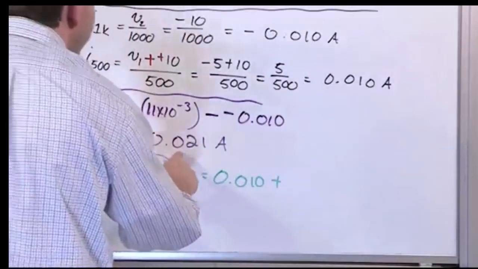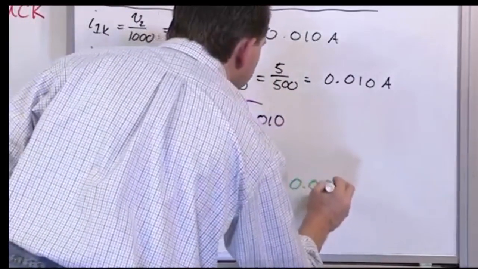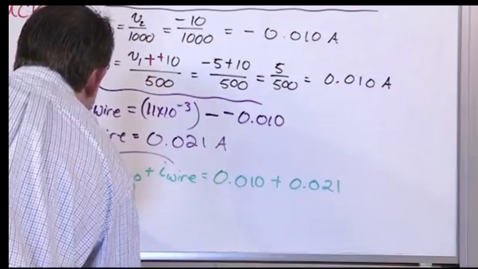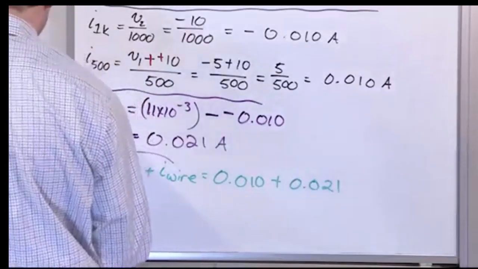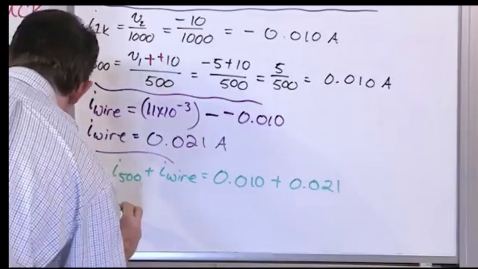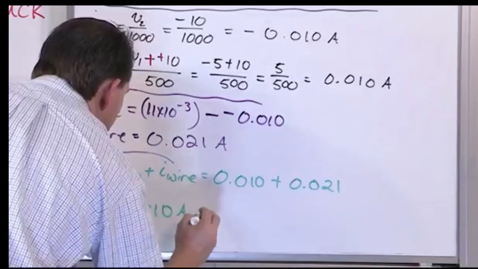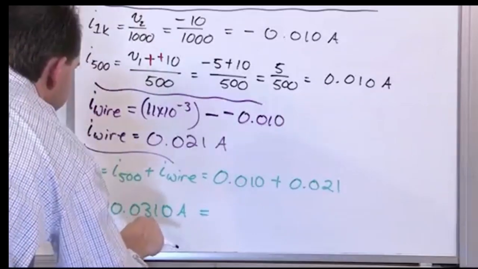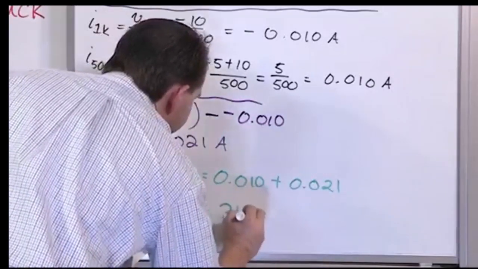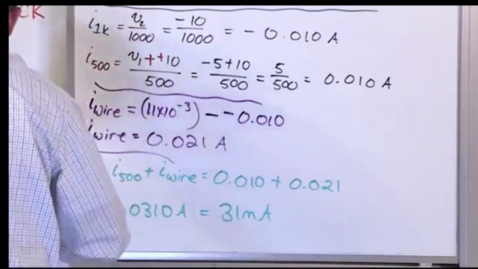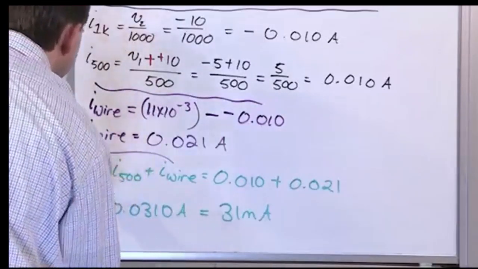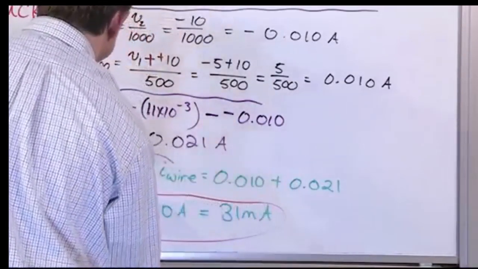I wire is 0.021. So I3, when you add these guys together, is 0.0310 amps, which is equal to, if you shift the decimal, 31 milliamps. And let me circle that, because that is our final current. This is our final answer.